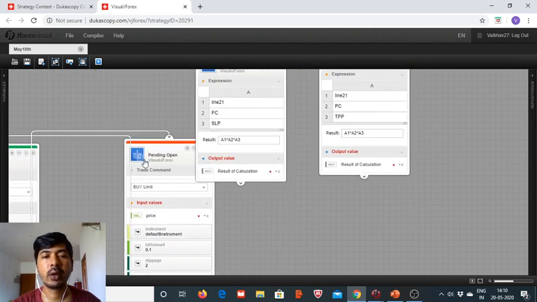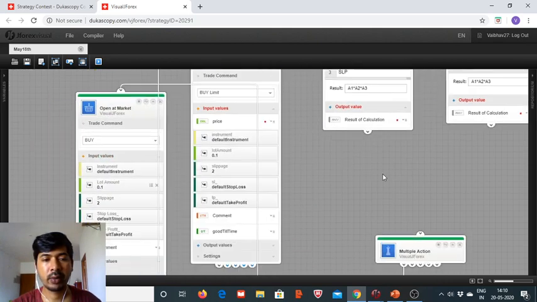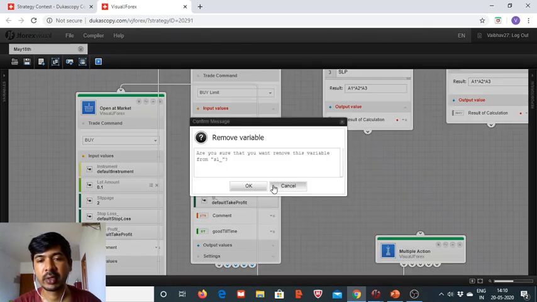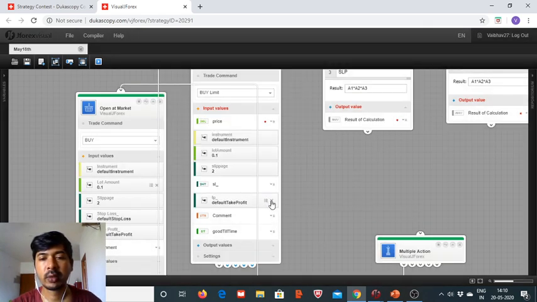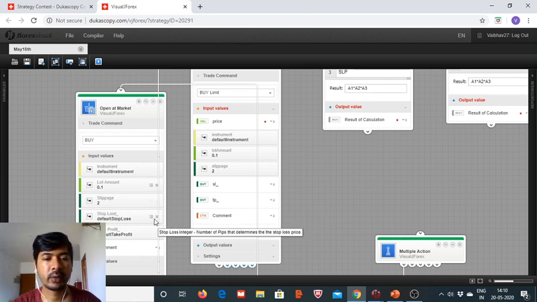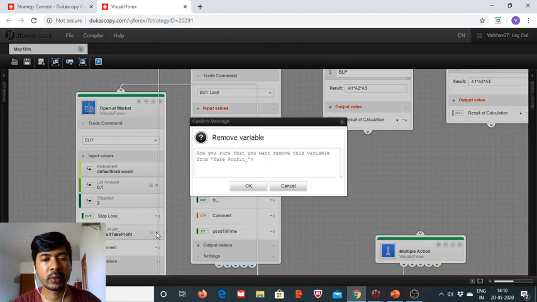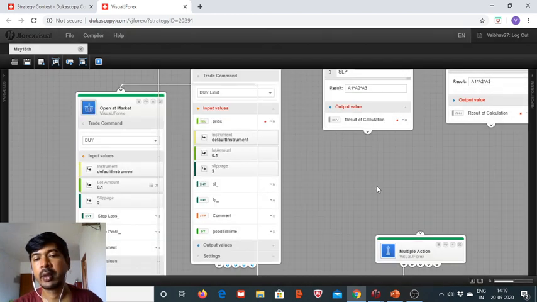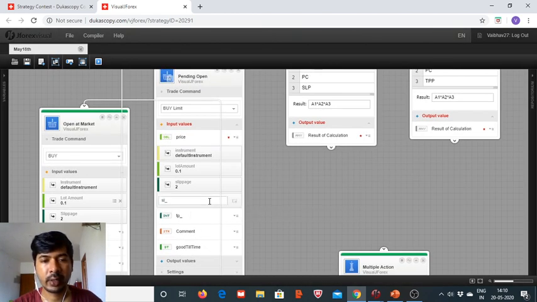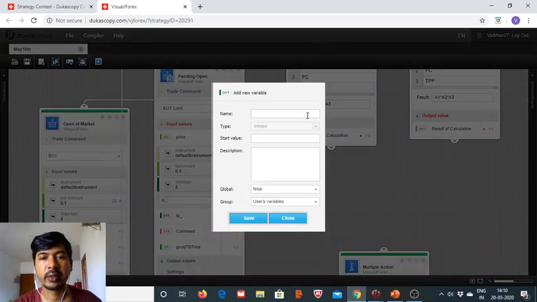calculation involved. Now we need to remove these and create a fresh variable, as the default values we are not really using. Stop loss and target profit, and we will create a fresh variable named SL only, SL.